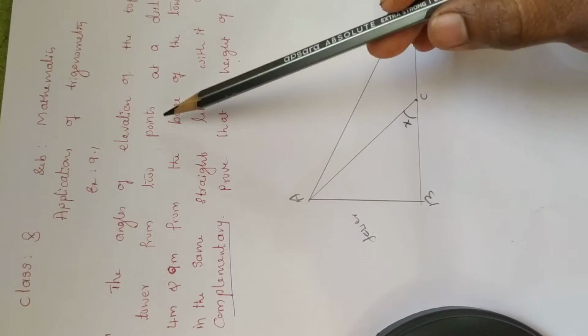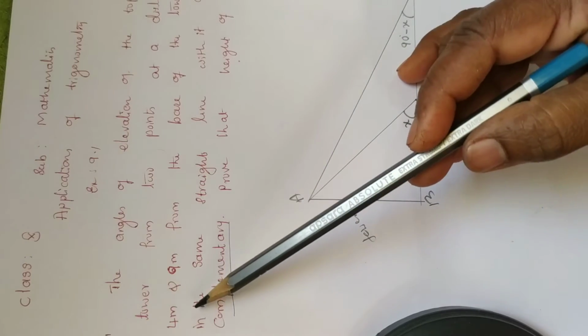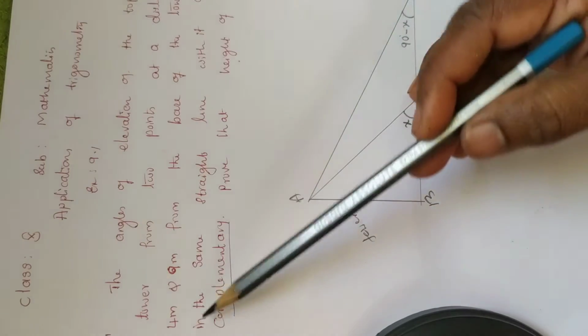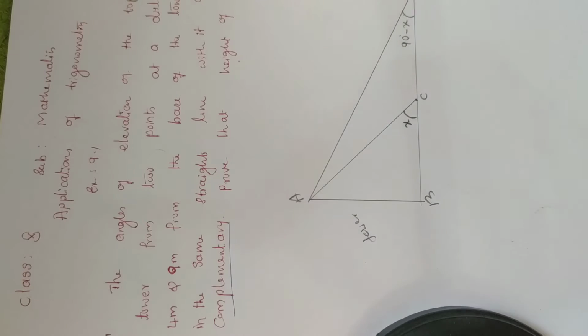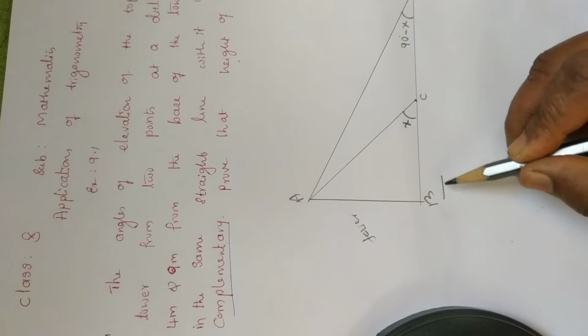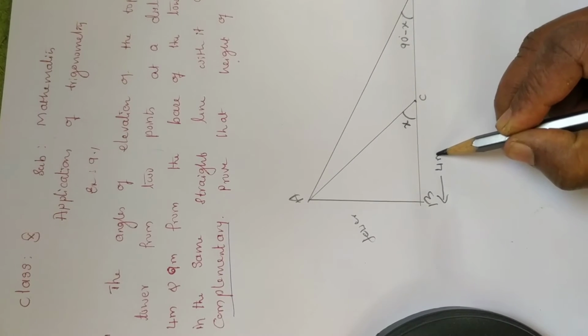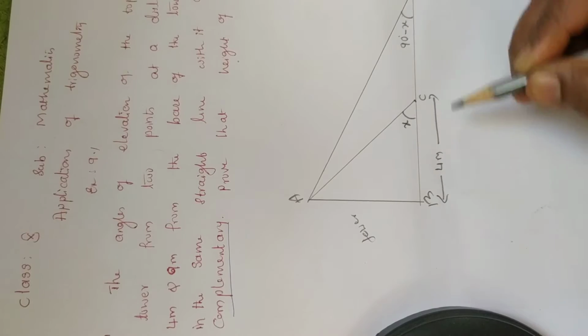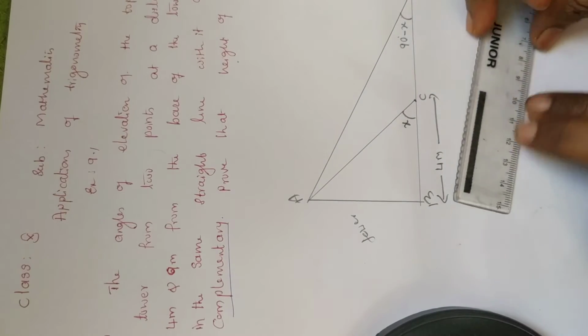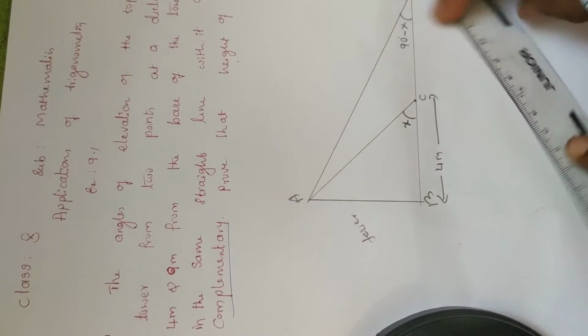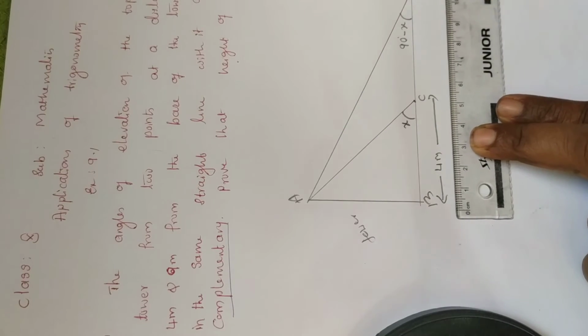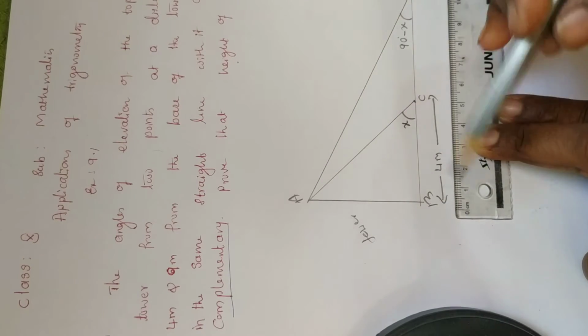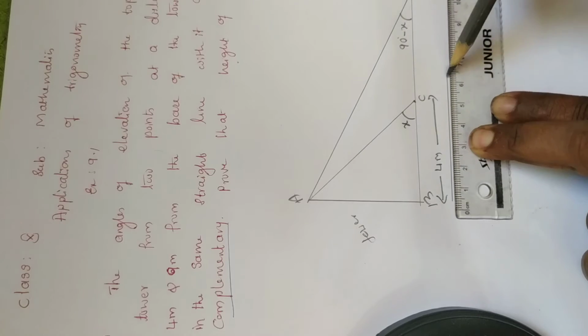What? The distance of the 2 points from the base of tower is 4 meter and 9 meter. Therefore, BC is 4 meter, it's just this distance, and one more is 9 meter from the base. Let B be the base of the tower.